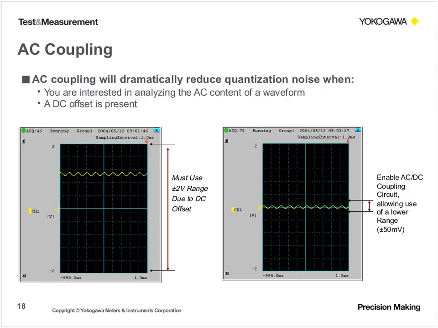And when you do that, you can utilize the full number of counts to increase that resolution. So think of AC coupling as another way. You have to be careful because most data acquisition devices don't have the AC coupling option. But for more of the benchtop and the PC hybrid type data acquisition devices, they do implement AC coupling as a solution.